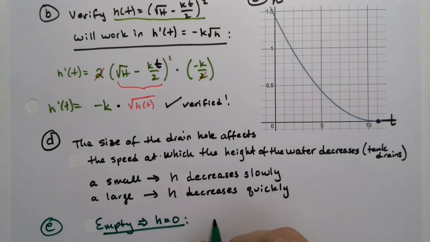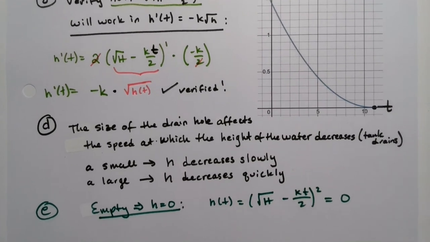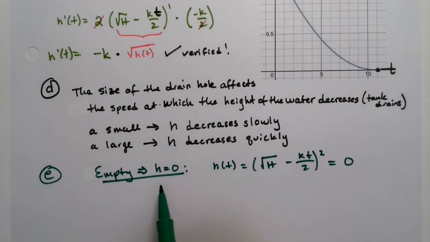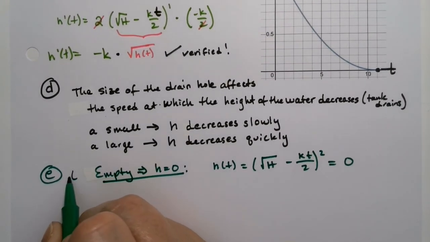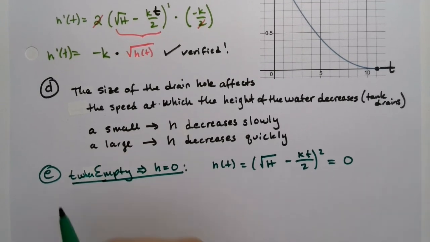So h of t, which was equal to the square root of capital H minus kt over 2 squared, has to be equal to 0. And it wants to know when this will happen. So height equals 0, what's the t?